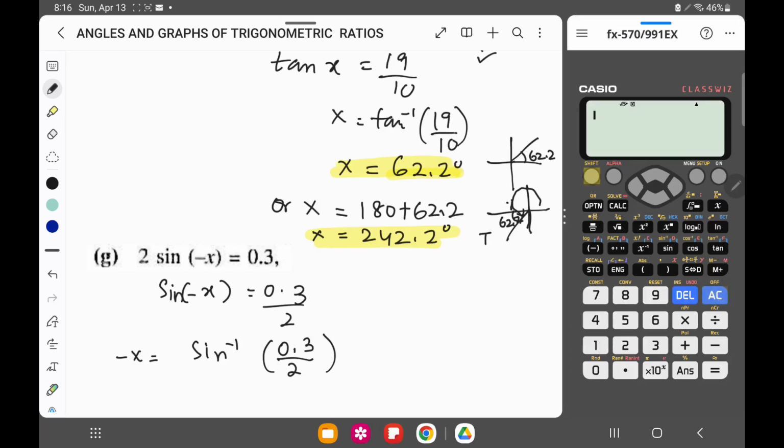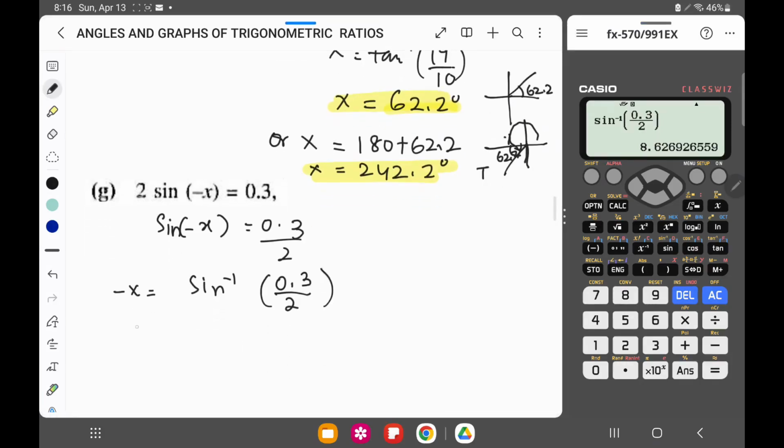First of all, we are going to find the basic angle. That is equal to 8.62, meaning you can take up to one decimal place, 8.6.